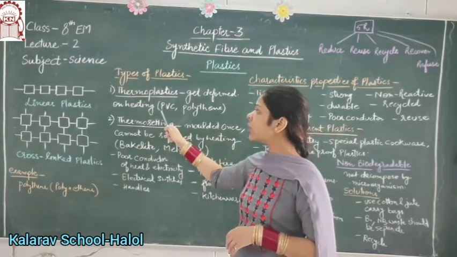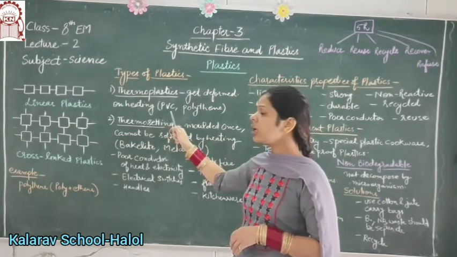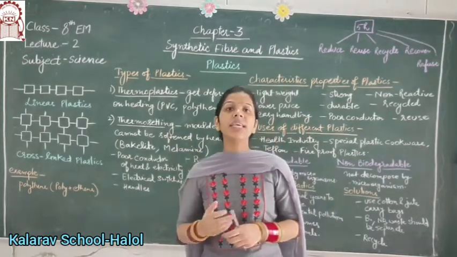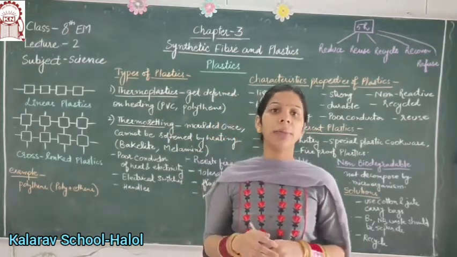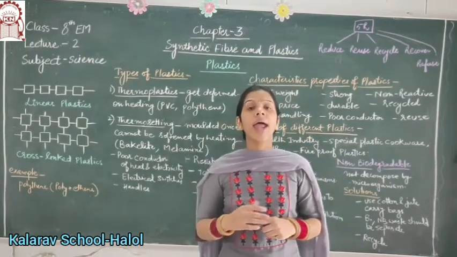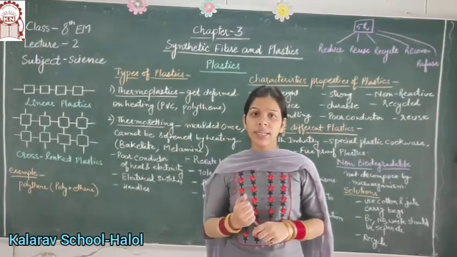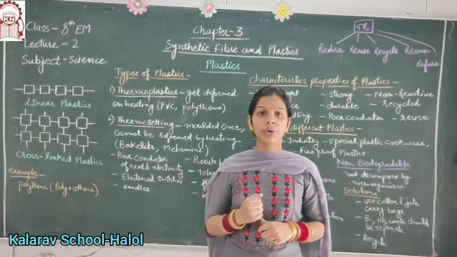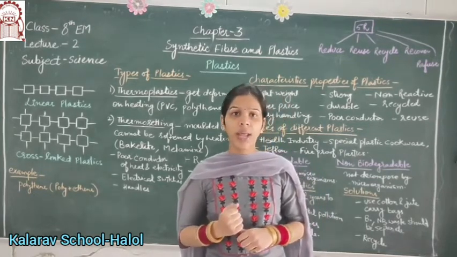PVC is polyvinyl chloride. PVC and polythene are used for manufacturing different types of toys, combs and different types of plastic containers used in the household for storing household items.